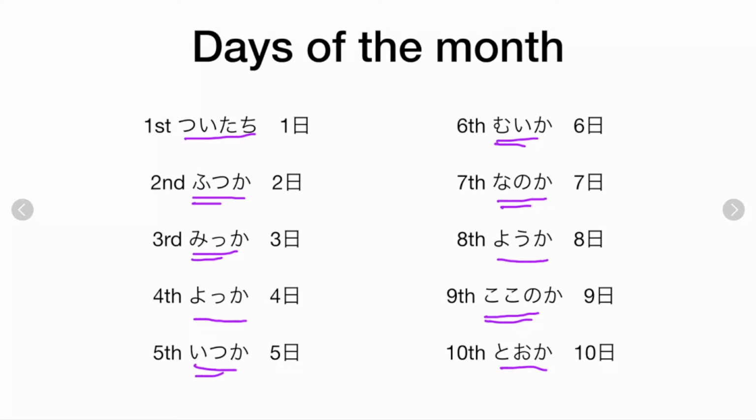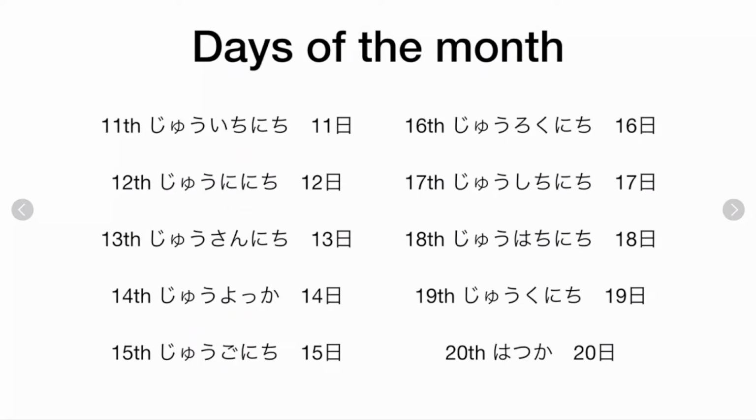But for now, even though they don't really line up with the numbers that you've learned so far, some of them do. Yokka kind of makes a little sense because it's yon, right? Nanoka kind of makes sense because it's nana. Yoka, and then toka, all right? But then going forward from 11 to 20, it's a little easier. So it's juuichi nichi. Nichi means day. So now it becomes 10 plus 1 day.